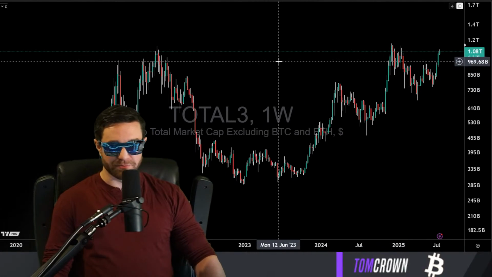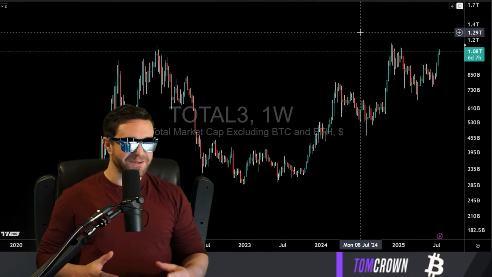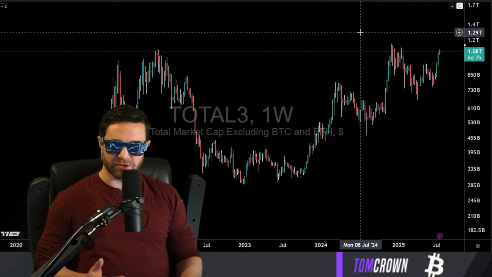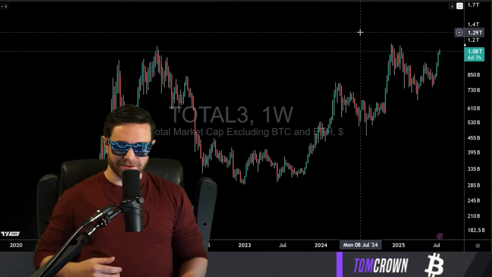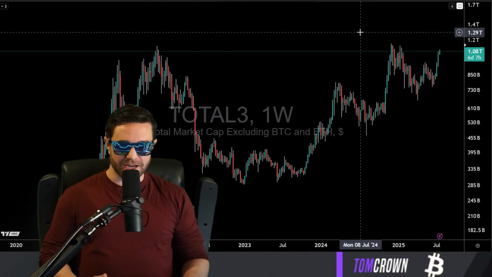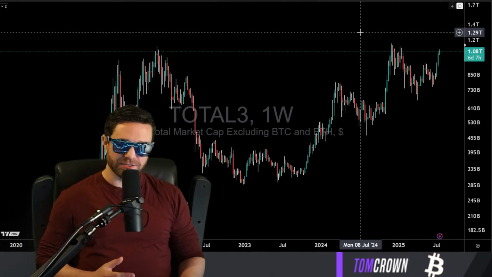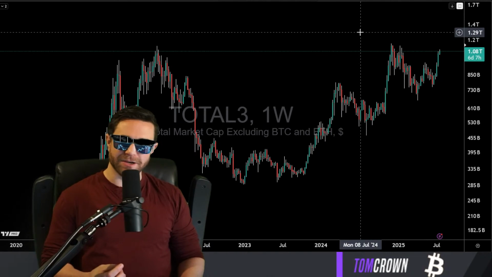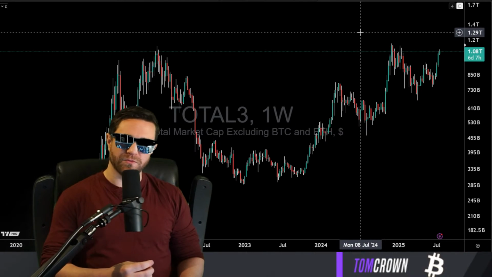Total 3 barely broke its highest value, yet we saw so many coins and even bigger cap coins like XRP, Ripple, make huge gains and head back to their all-time highs. We didn't so much see that face melting kind of low cap altcoin degen move.